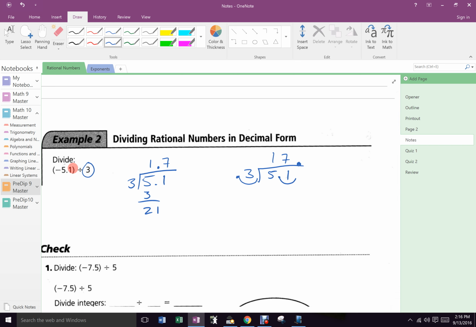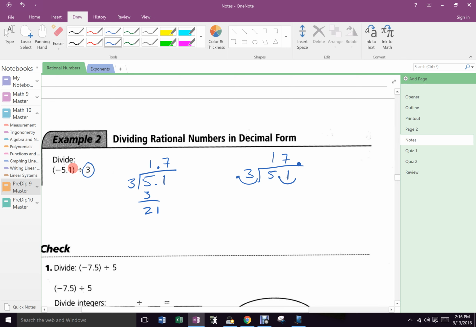Except 5 and 3 don't divide nicely in our head, and I'm only looking for a ballpark so I know if my answer is going to be right. 6 and 3 work well, so I can use that as my estimate. I would never write that as the right answer, but I use it so I know that I've done it right, if your math teacher ever gets you to do something without a calculator.